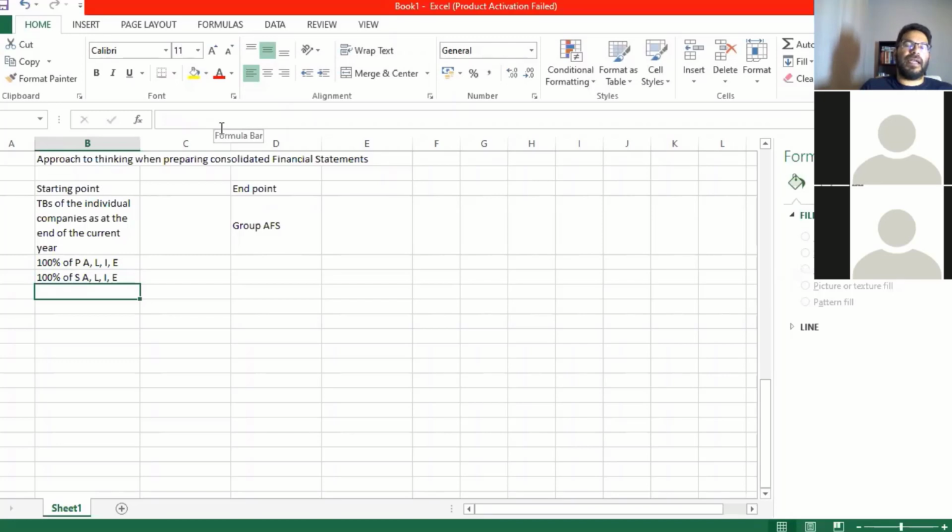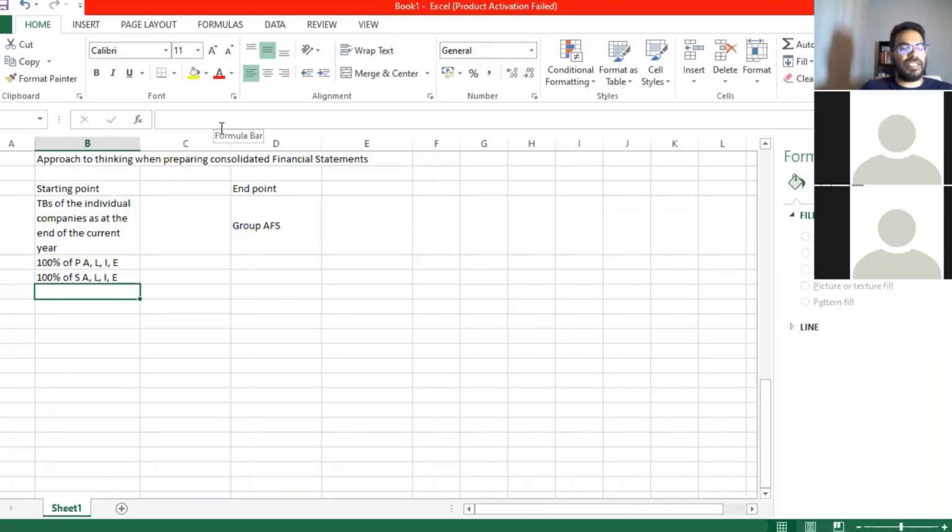What do I mean by a line-by-line basis? It means we're bringing on 100% of the parent and the subsidiary's revenue, cost of sales, other income, other expenses. That is a line-by-line basis. PPE, intangibles, inventory, debtors, cash. That's what we mean on a line-by-line basis.